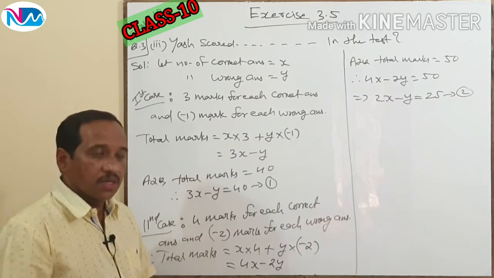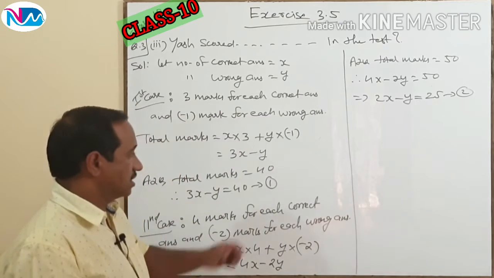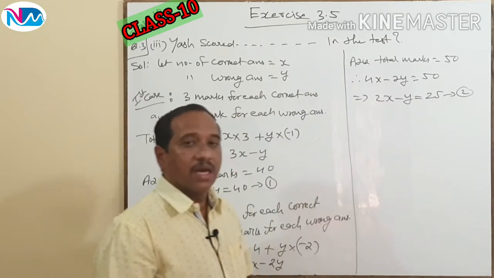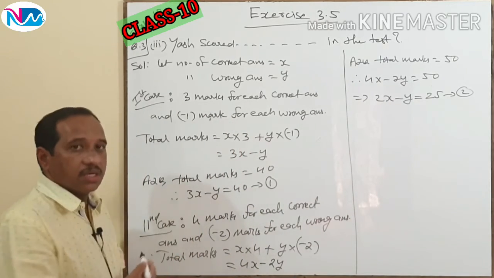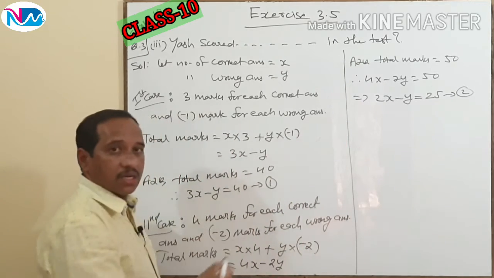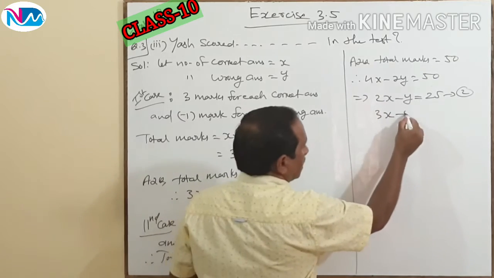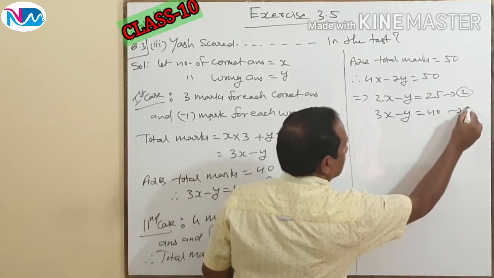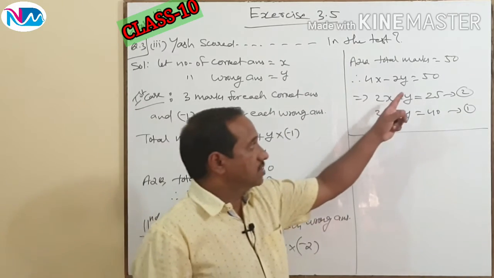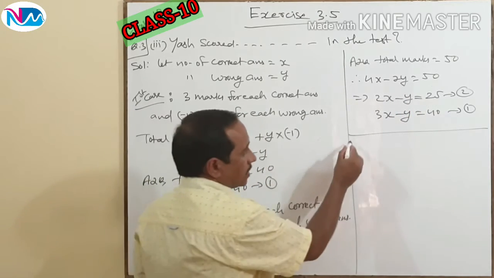Now we have to solve equation 1 and equation number 2. By the elimination method, we can solve as the coefficients of y are equal in both the equations. So here I write equation number 1 under equation number 2: 3x minus y is equal to 40, which is equation number 1. Since the coefficients of y are equal with the equal sign, we have to subtract.